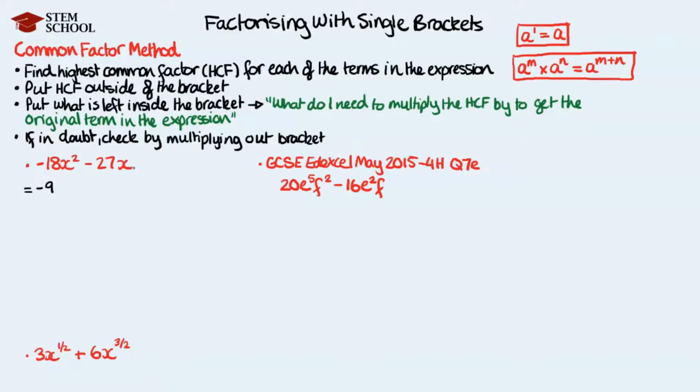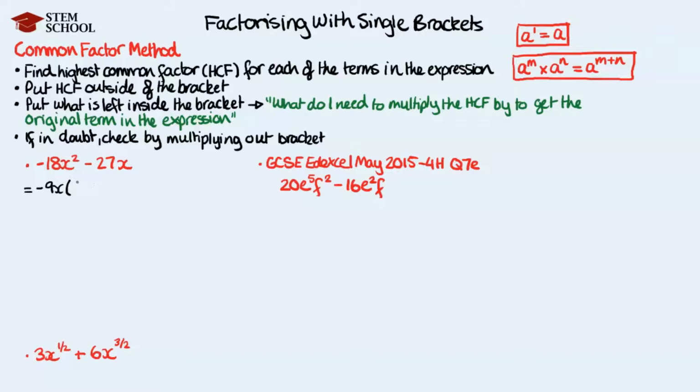We've got an x squared and an x. So you just pick the letter with the lowest power, which is x to the power of 1. And now what you need to say is minus 9x times what is equal to minus 18x squared. And this is where you just need to appreciate that when you multiply two negatives, you get a positive. So you need to be careful with the sign convention here.